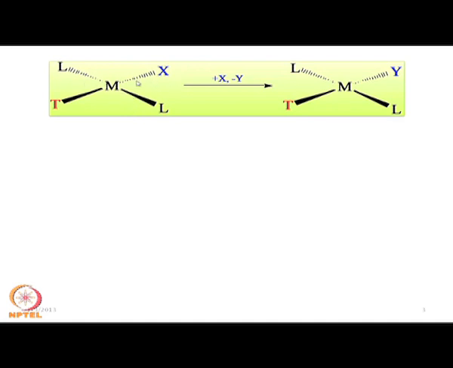That means the vacancy is there such that Y will come and attack the metal center, forming a new bond M-Y. So, in the second step also, T plays a good role in attaching the Y to M.